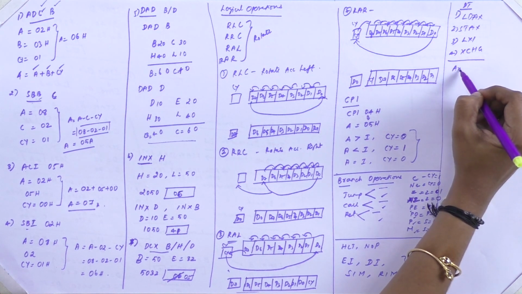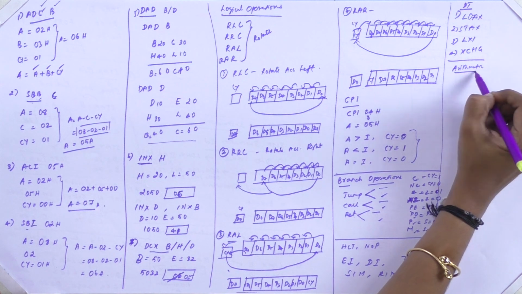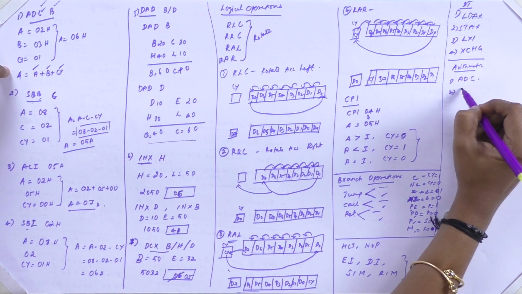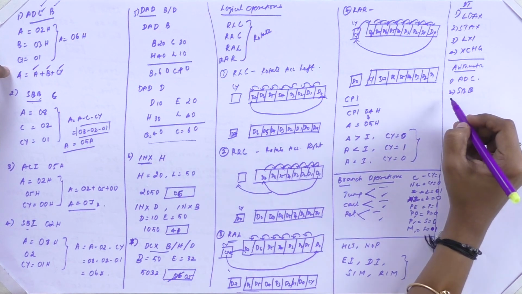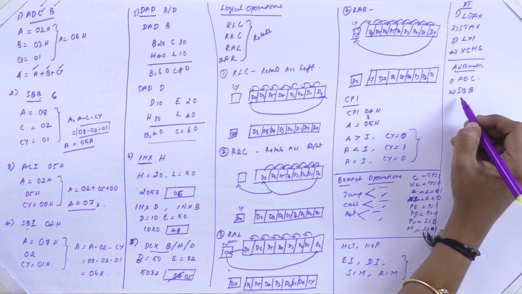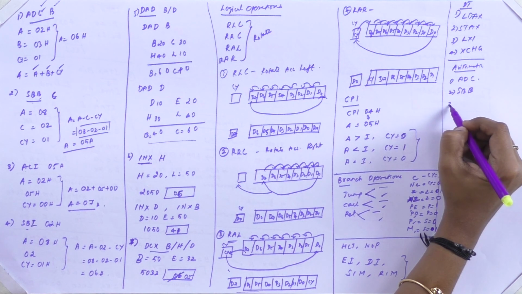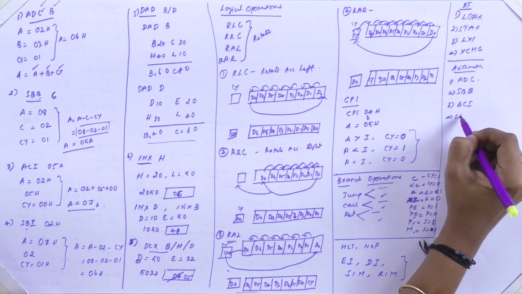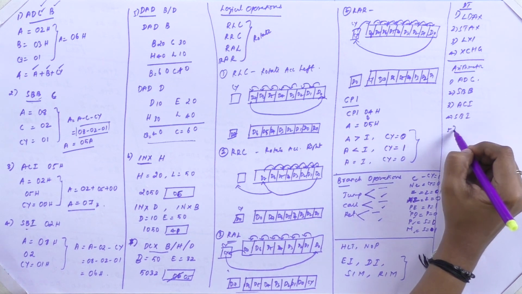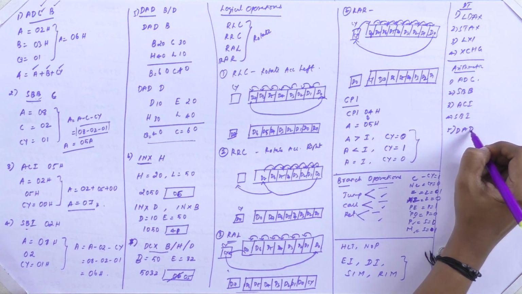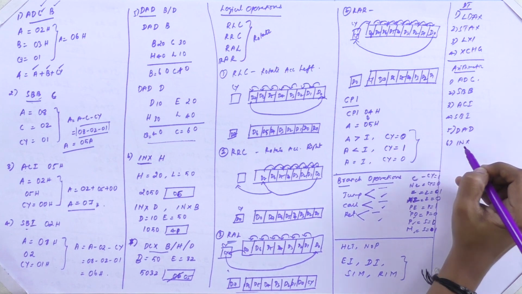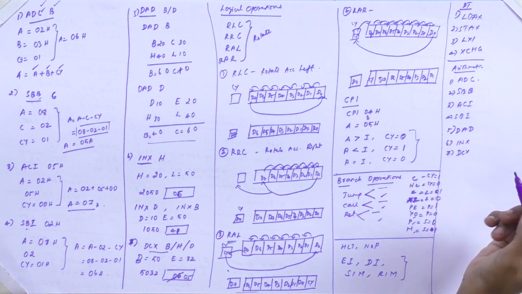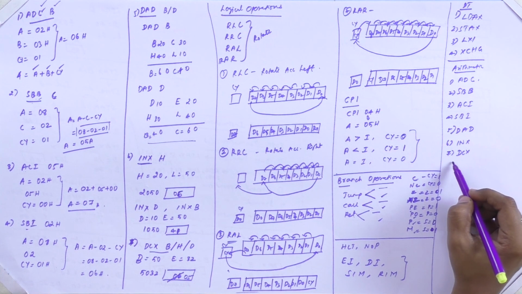Then the arithmetic operations are ADC, SBB, addition with carry, subtraction with borrow, addition with carry immediate, subtraction with borrow immediate, DAD double add, INX increment register pair, and DCX decrement register pair.